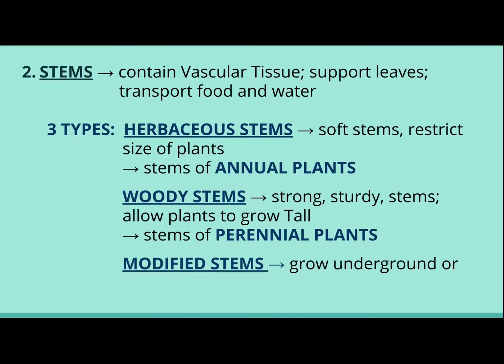But then you also have the modified stems, and these are stems that grow underground or parallel to the ground, and these store food. Now, if you remember back in the beginning of the school year when we were reviewing the macromolecules of life, and we were talking about carbohydrates, plants perform photosynthesis and they produce glucose.